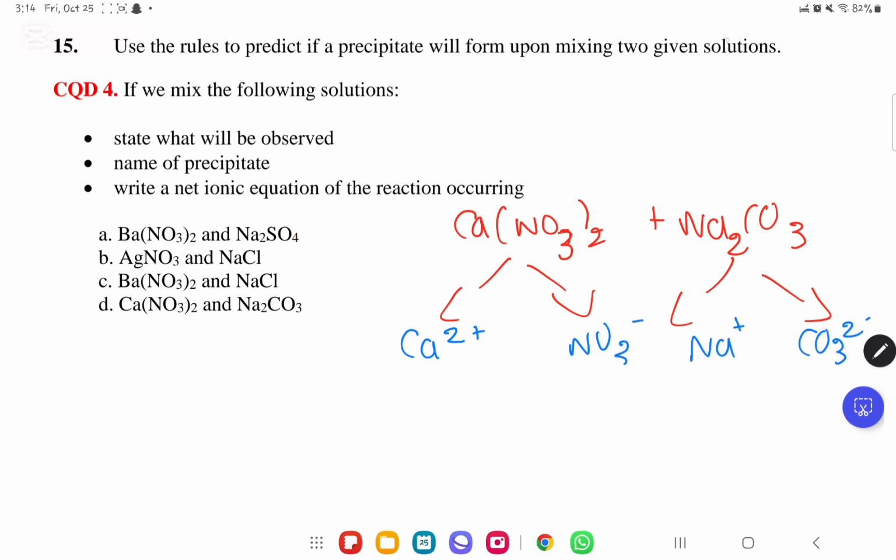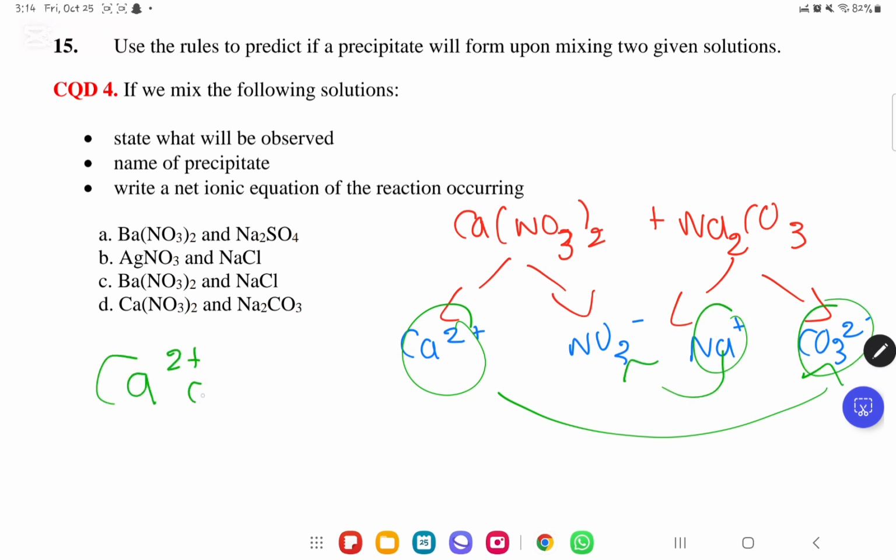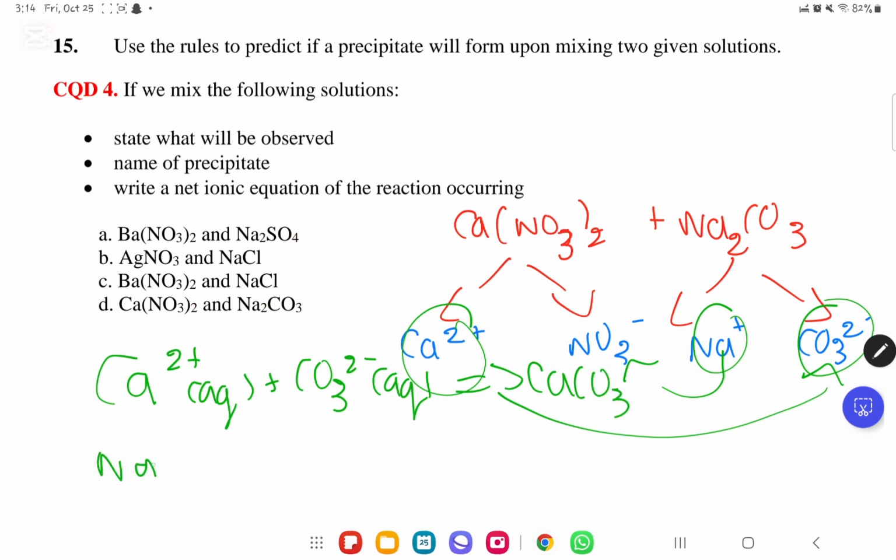So as we did before, we're gonna switch the cations and anions. So now we get Ca2+ aqueous will react with CO3 2- aqueous to produce what? To produce CaCO3. Okay, then we have Na+ aqueous react with NO3- aqueous to produce NaNO3.